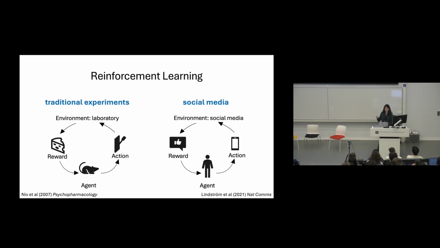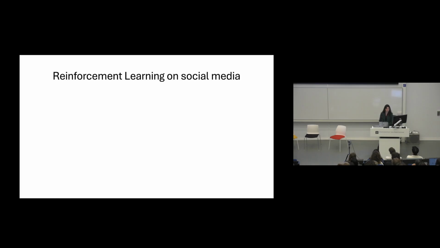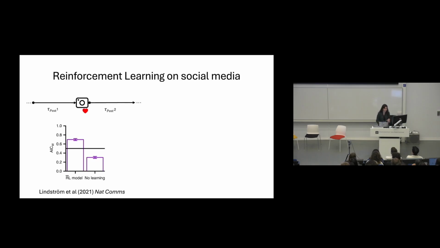So post more quickly when there seem to be more rewards in the environment. The first study to really test this in the real world was a 2021 study. And they showed that indeed, on Instagram, people's posting latency is really well characterized by this simple reinforcement learning framework.